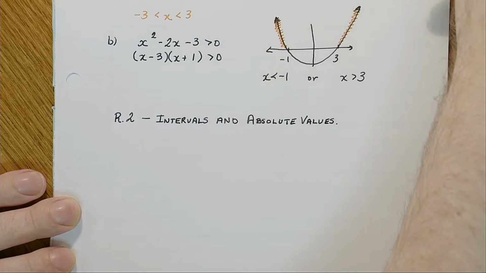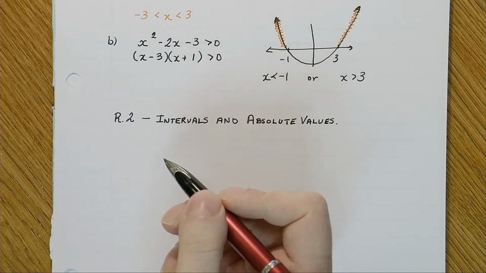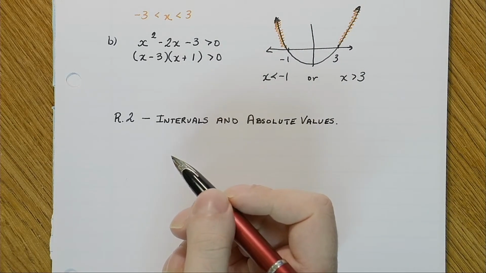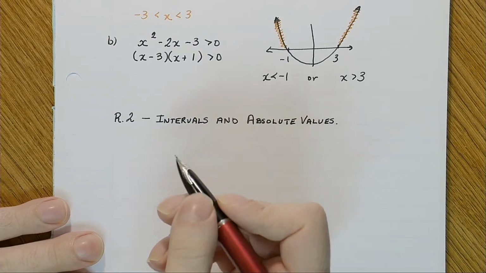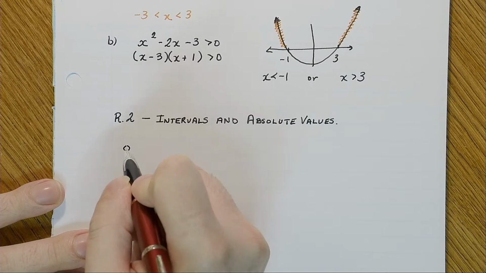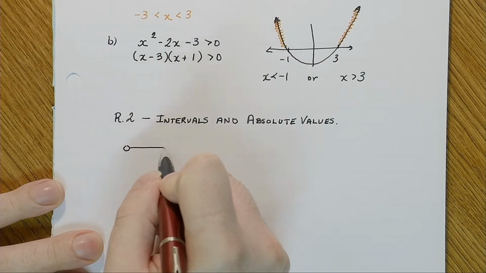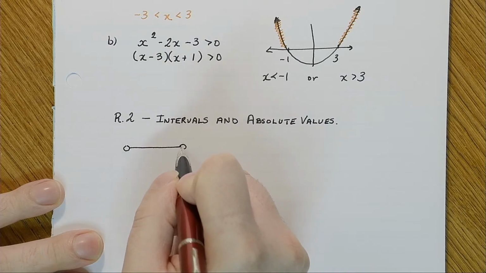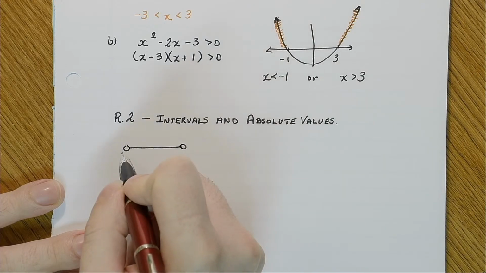There are actually like 9 different interval types, but for instance, we use an open dot to mean that it doesn't include something.